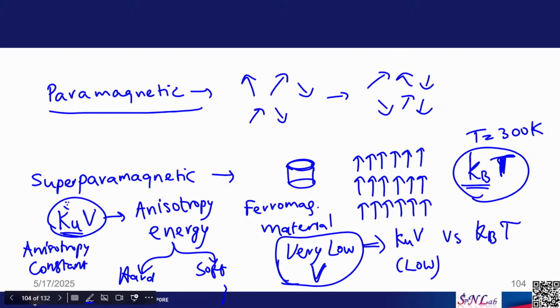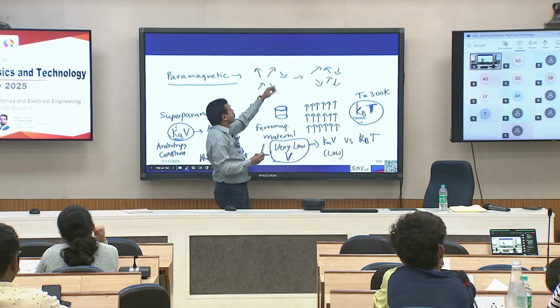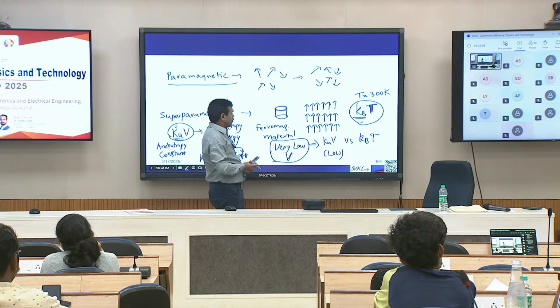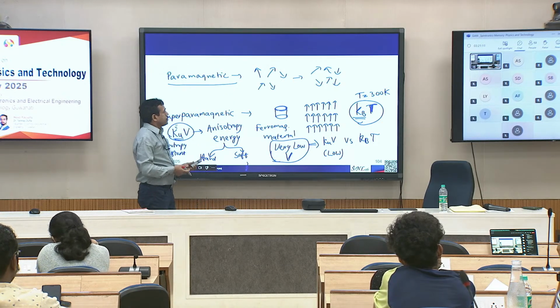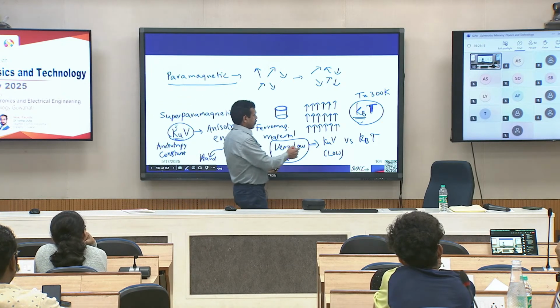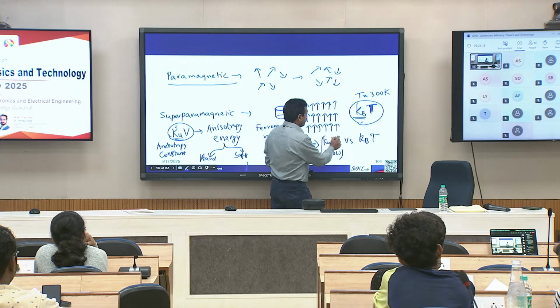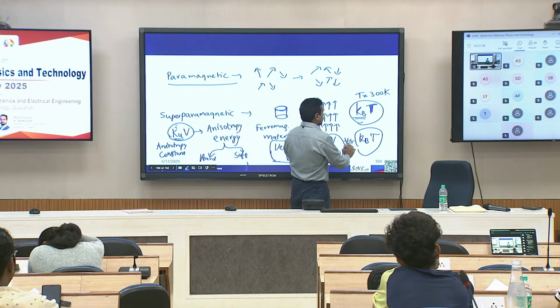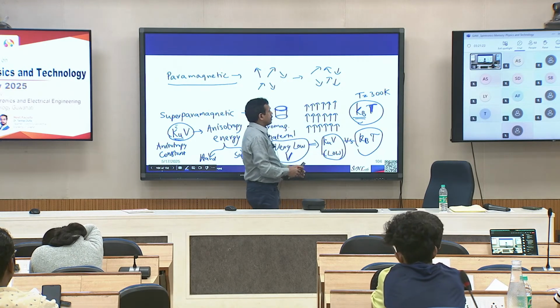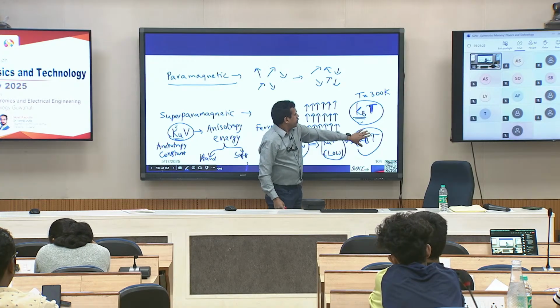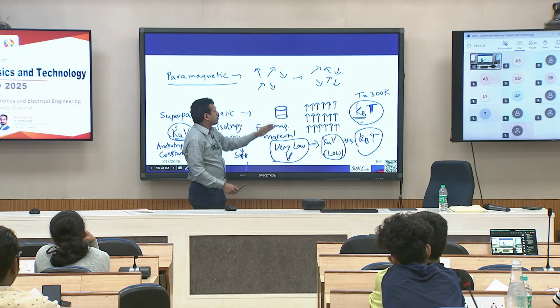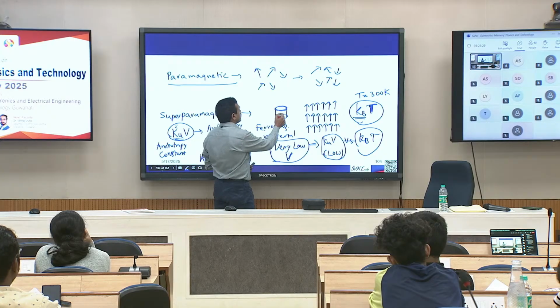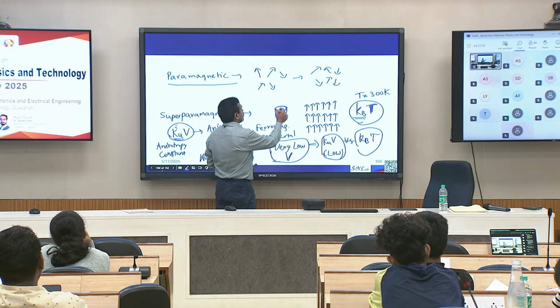Okay, so, in the case of paramagnetic materials, thermal energy is the one that makes the magnetization of the individual atoms fluctuate randomly. Okay. So, similar thing can happen here. So, when this is low and when these two values get closer to each other, the thermal energy may cause the magnetization of this particle to fluctuate randomly. Let us say this is the magnetization of this particle.